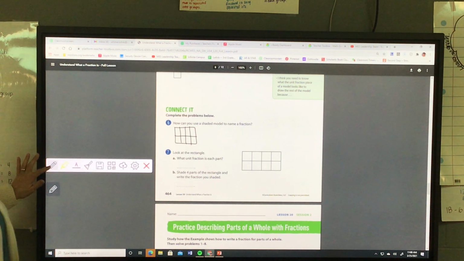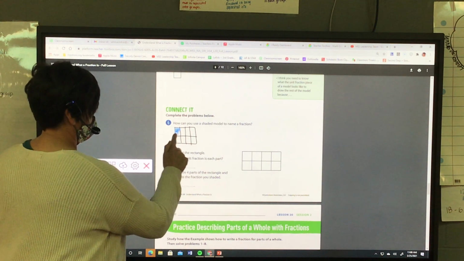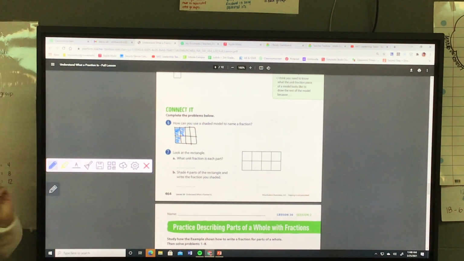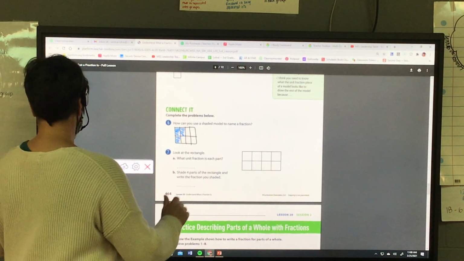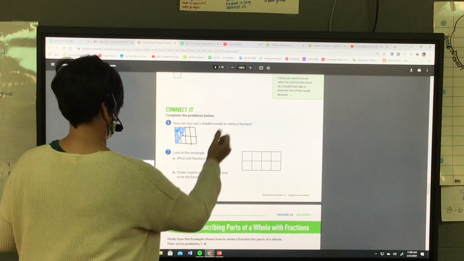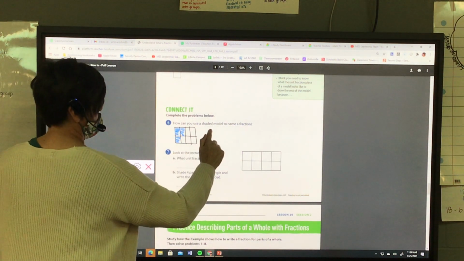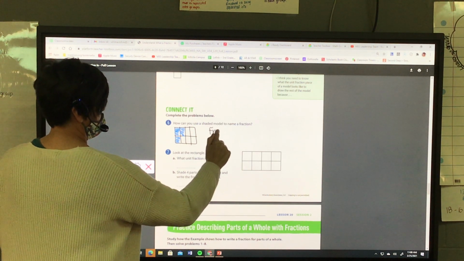Do you have that created? Yes. All right, now we're going to shade in 3 of those parts. Okay, then you're just going to write the fraction over here.